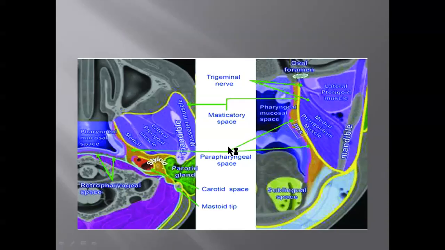Here in this picture, as we can see, we have the parapharyngeal space over here. Then we have the styloid process over here.